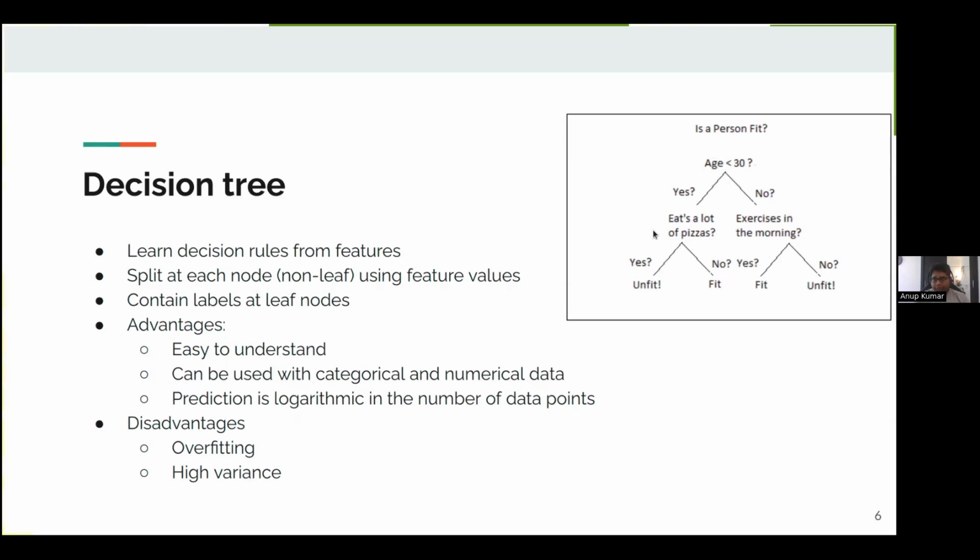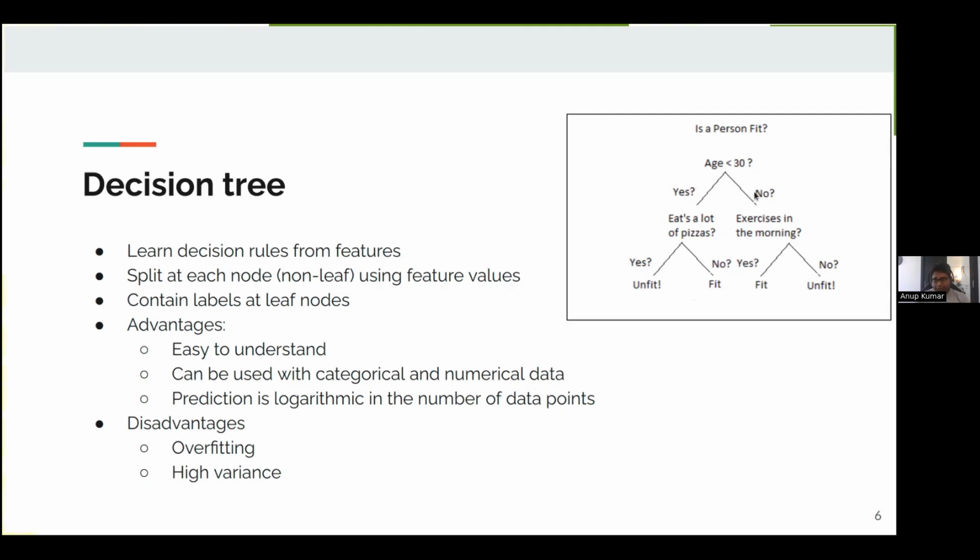Then it utilizes other features. If age is less than 30, the next question is whether the person eats a lot of pizzas. If no, then the person is classified as fit. And if a person is eating a lot of pizzas and is still less than 30, then the person is deemed unfit.